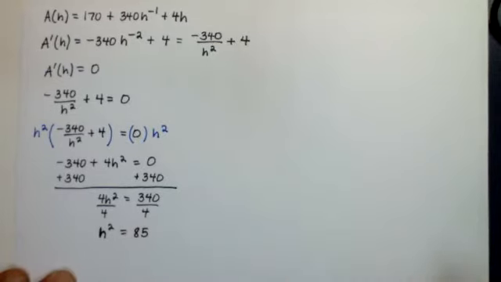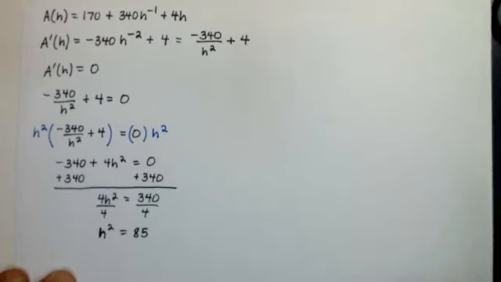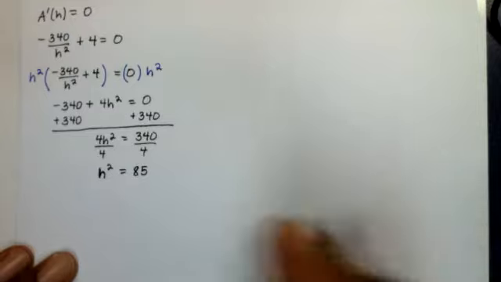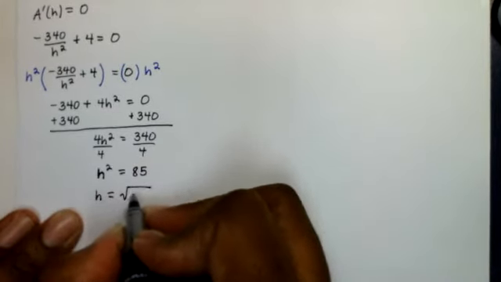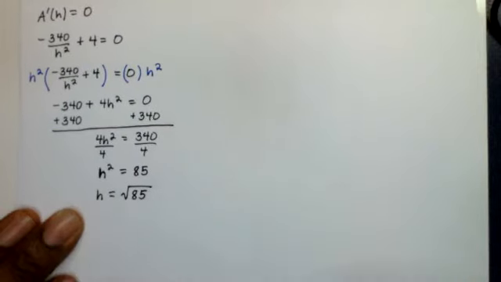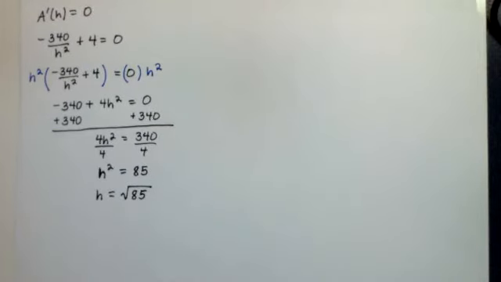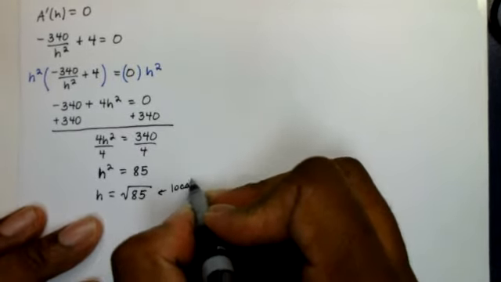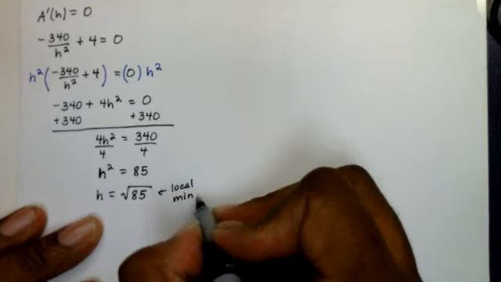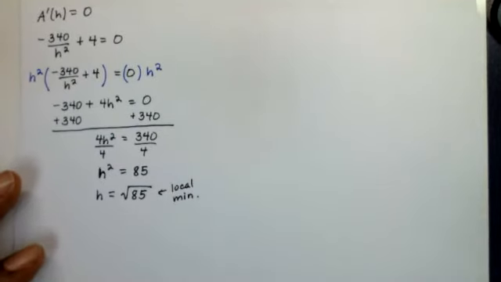And I'm not going to worry about the plus or minus here because we know lengths can't be negative. So I'll just take the positive square root on both sides. So here H will be equal to the square root of 85. And that is your local minimum, since we're minimizing the combined area of the garden and the borders.